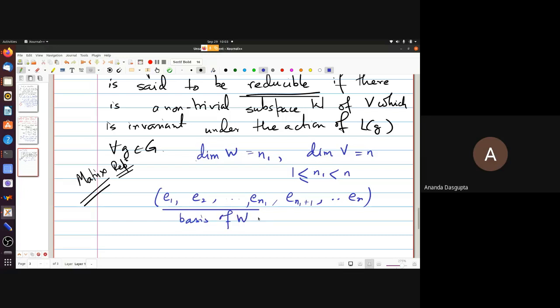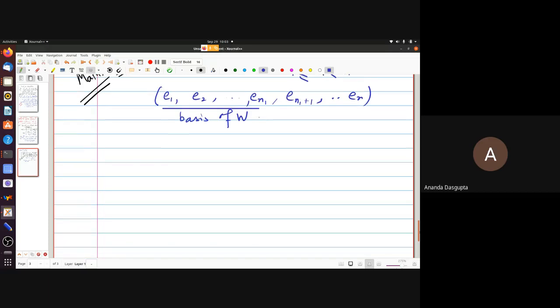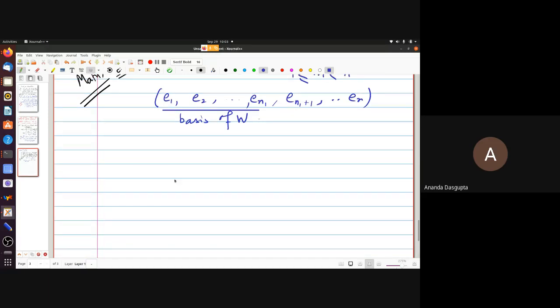Of course you have all done enough linear algebra to know this. You can start with the basis of W and then extend it by adding more and more vectors which are independent of the vectors you have already chosen until you end up with a basis for the entire space, right? If I'm saying anything unfamiliar, please interrupt, but I'm pretty sure this should be familiar.